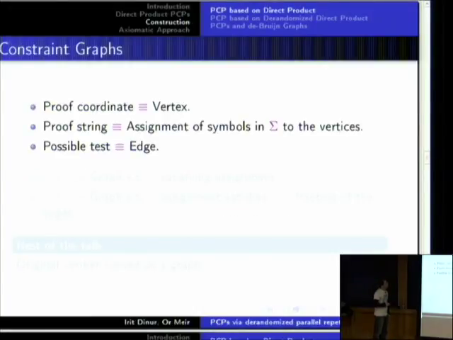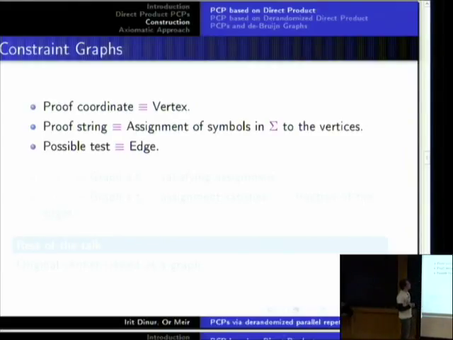But before we do all this, I want to make one more detour and talk about constraint graphs. Constraint graphs are a different way to look at PCPs. Recall that we are interested only in verifiers that make 2 queries, and such verifiers can be naturally viewed as graphs as follows. We view every possible coordinate of the proof string as a vertex in the graph. So a proof string corresponds to an assignment that assigns symbols of the alphabet to vertices of the graph.